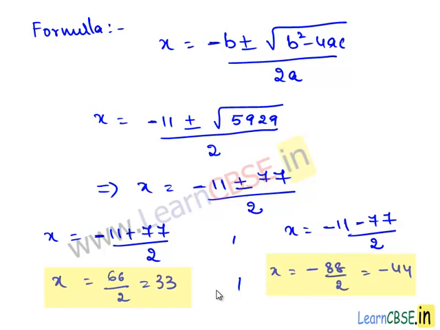So now here we need to choose a value of x which is best suited to the question. In case of x is equal to minus 44, average speed of a train can never be negative.